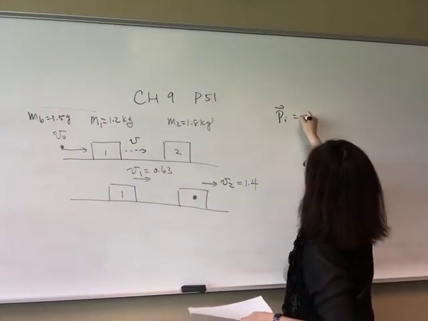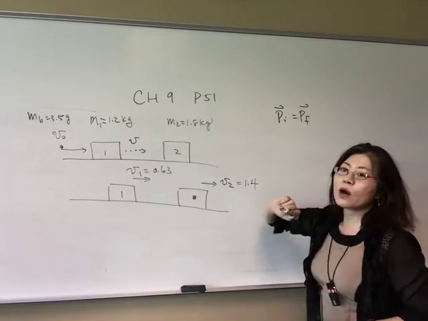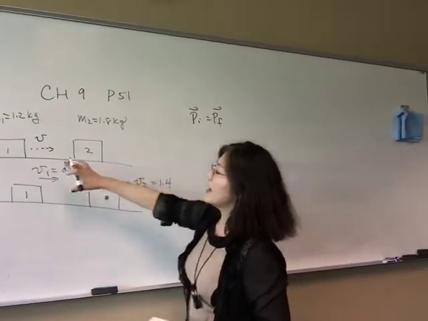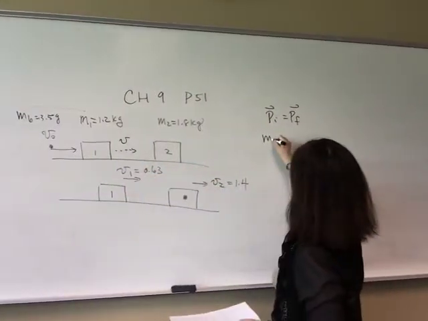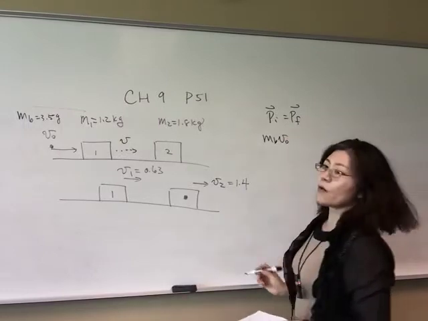So your P initial is equal to P final, and because we're dealing with one dimension, you can drop the vector sign. Initially, we have the mass of the bullet times the initial velocity of the bullet.